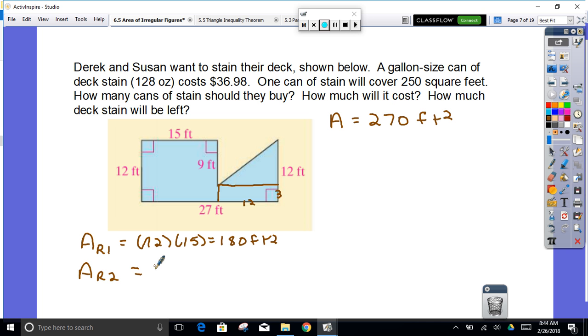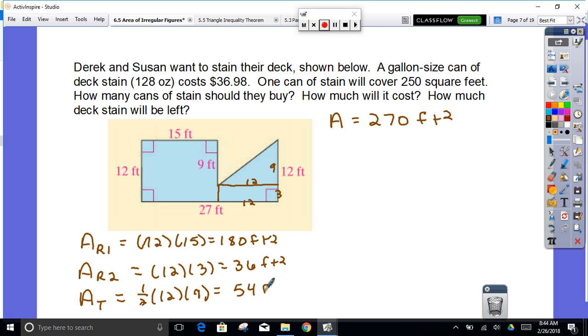Okay, so 12 times 3, you got what? 36. Good, 36 square feet. And then the area of the triangle. What did you use as the base? 12. And its height? 9. So 1/2 times 12 times 9 gave you what? 54 square feet. And those added together give us the total area of 270 square feet.